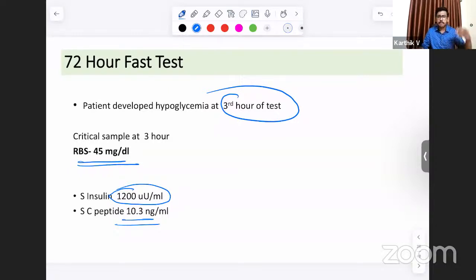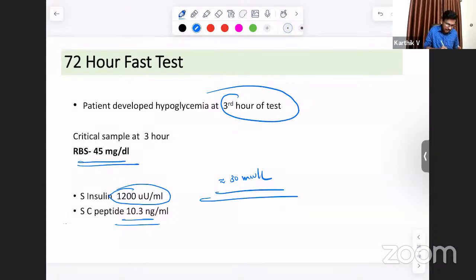You have seen a previous patient with insulinoma where the insulin level was around 30 international units per liter. Here you have seen insulin levels in 4-digit figures, more than 1000. So when you see such high insulin levels, more than 1000, two conditions you should suspect. One, exogenous insulin therapy. But what will happen to C-peptide in exogenous insulin therapy? It would be suppressed.